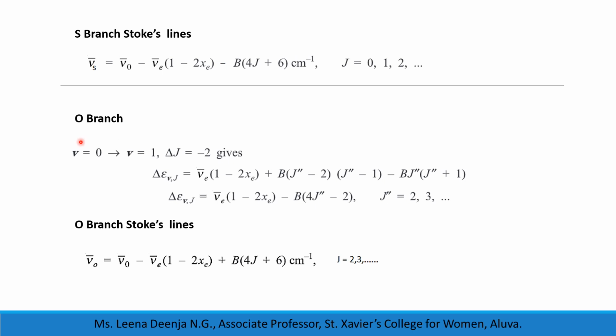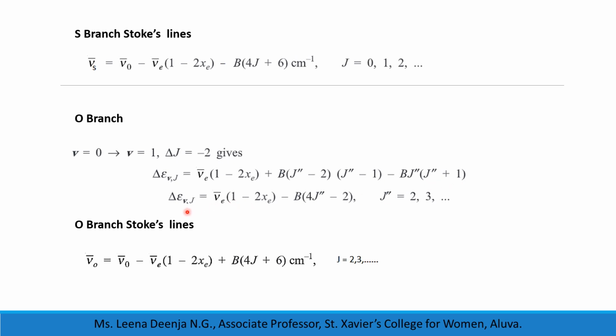For the O branch, here the transition is from V equal to 0 level to V equal to 1 level and delta J changes by minus 2. So the change in energy, delta epsilon Vj, equals nu bar E into (1 minus 2xe) plus B into J double dash minus 2 into (J double dash minus 1) minus B J double dash into (J double dash plus 1).